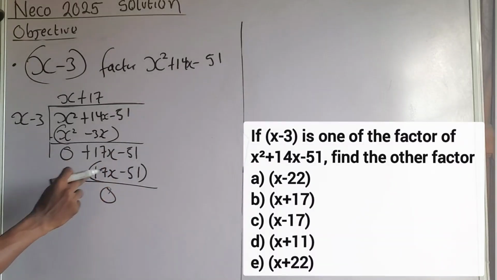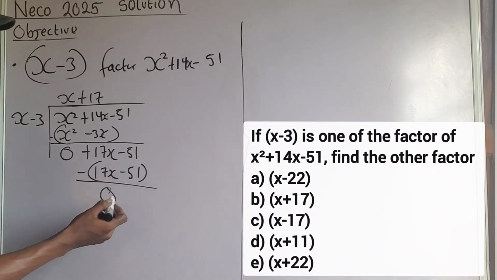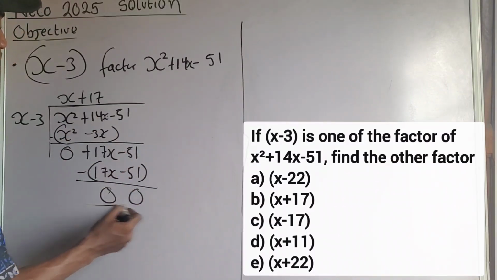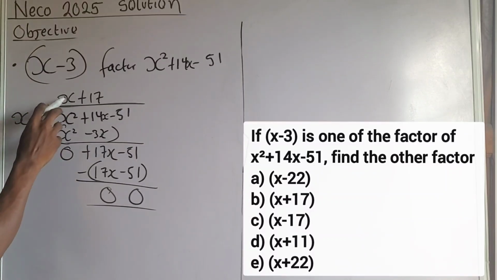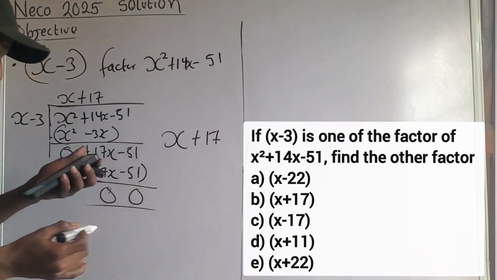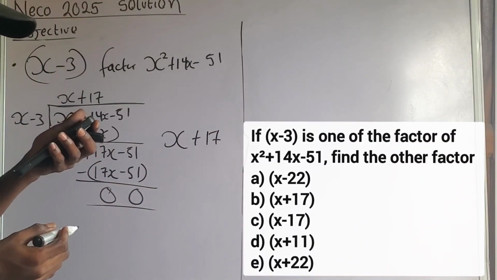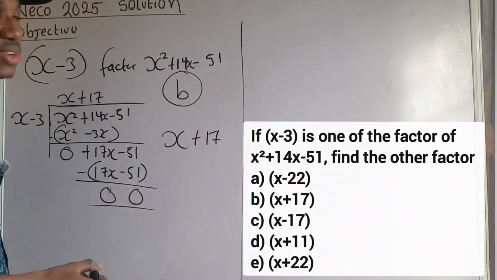Minus 51 minus minus 51, that is also 0. So the correct answer is x plus 17. The other factor is x plus 17. So let's look at the correct option. The correct option to that question is option B. Option B is correct.